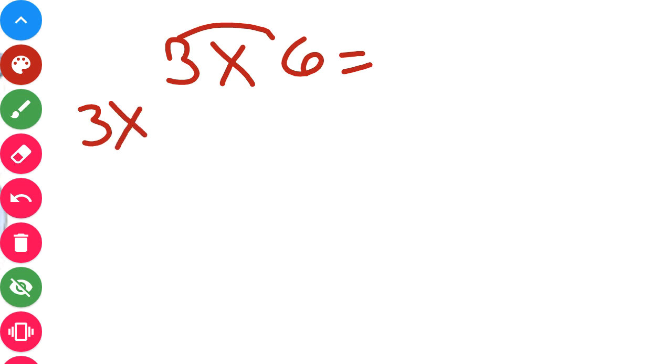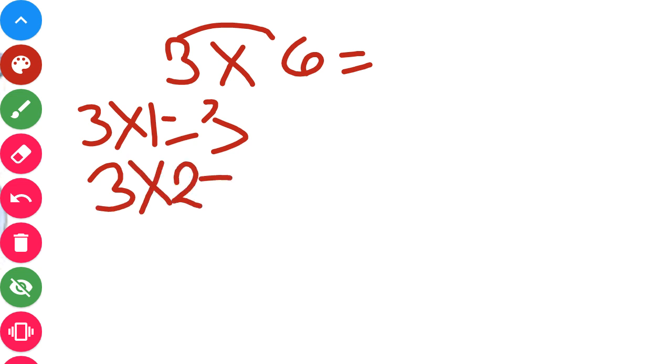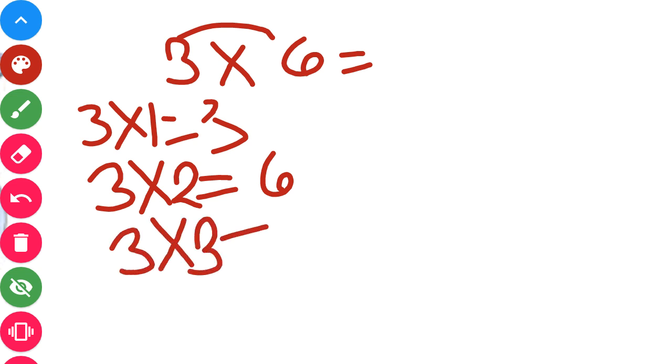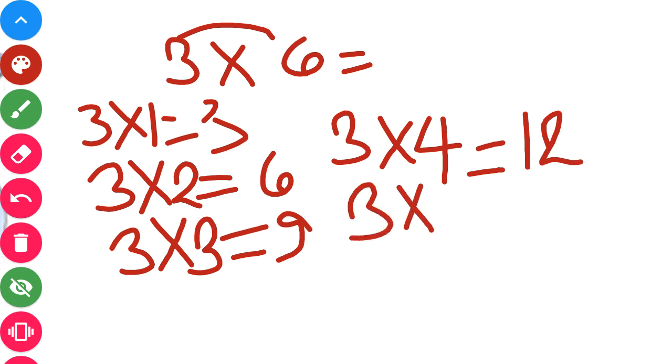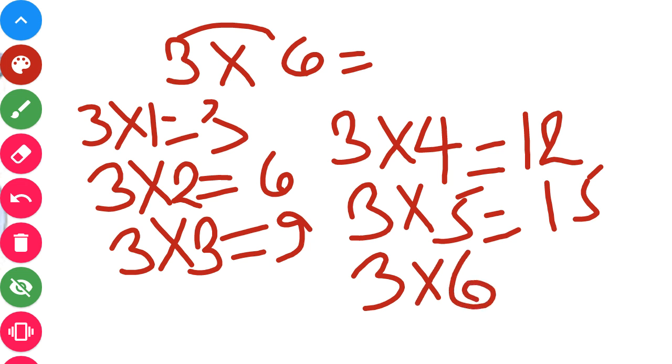Now 3 ones are 3, 3 twos are 6, 3 threes are 9, 3 fours are 12, 3 fives are 15, 3 sixes are 18.